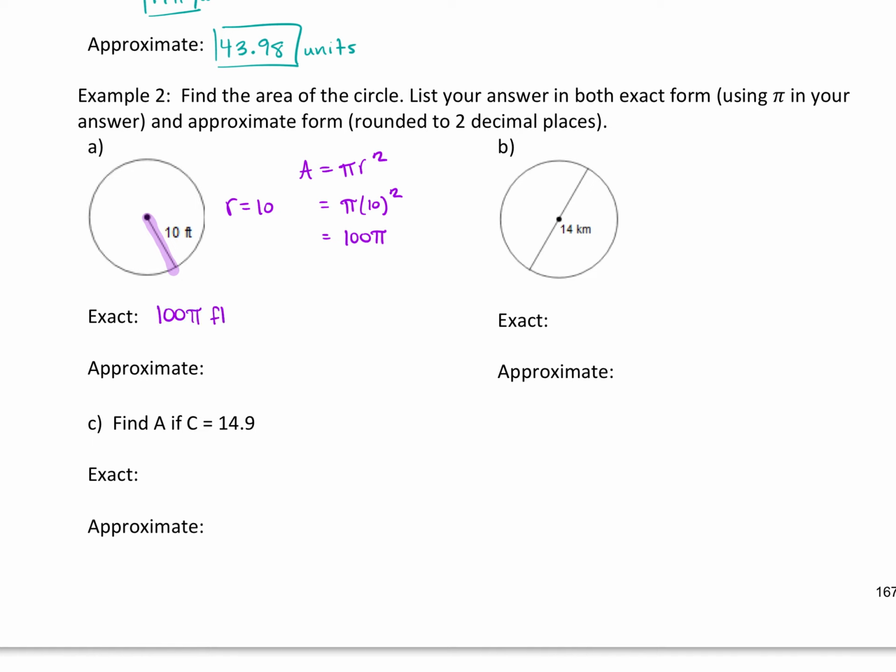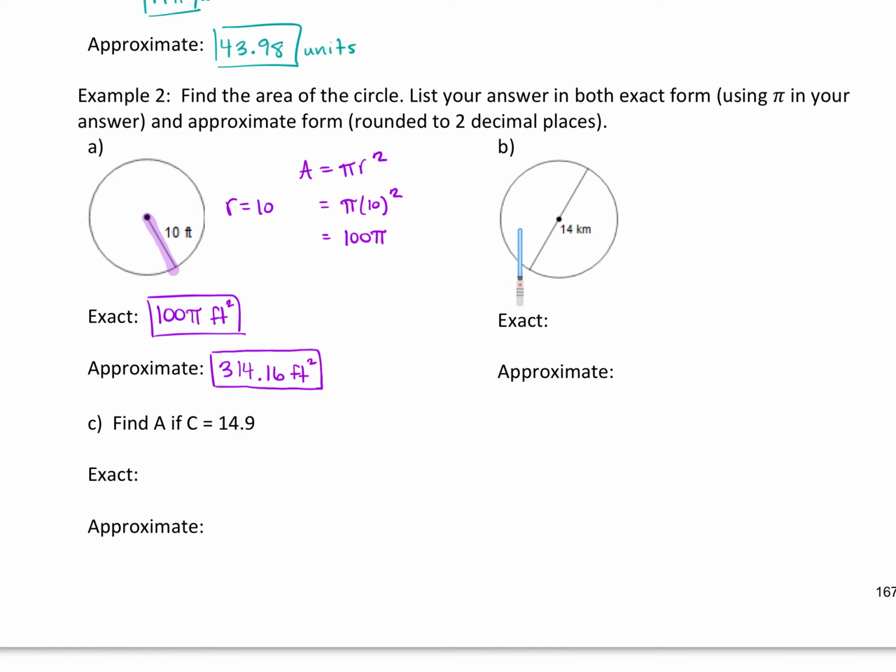Our units are feet. And for approximate, just type 100 pi into the calculator, and it gives us 314.16, and this is feet. Then this is area, so it actually should be feet squared.